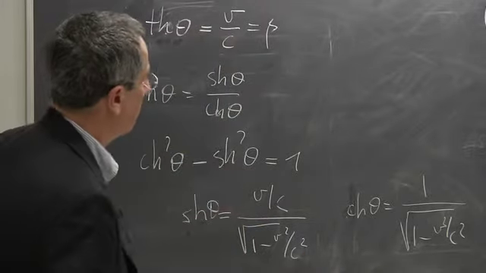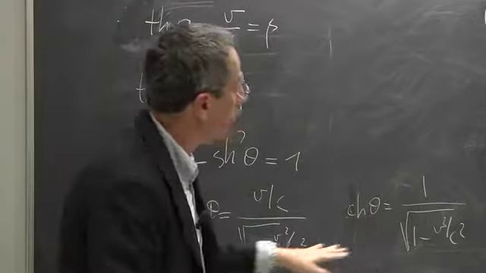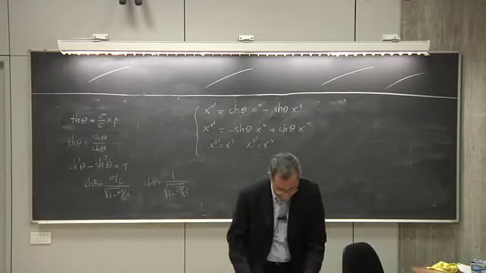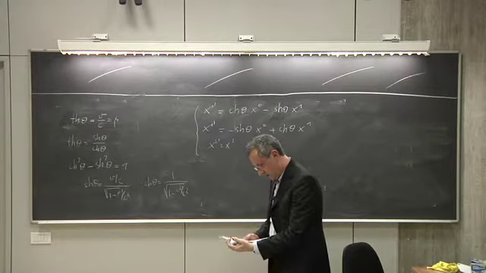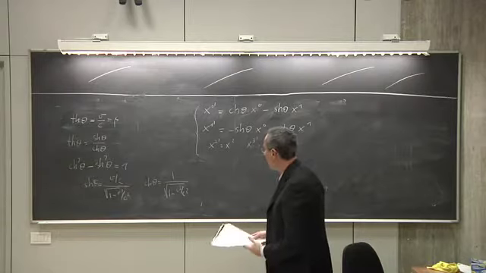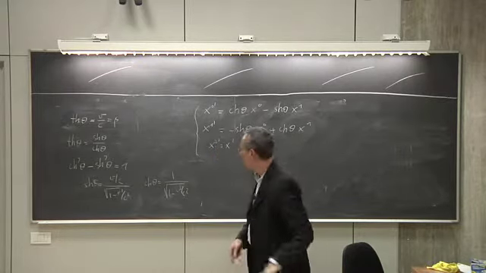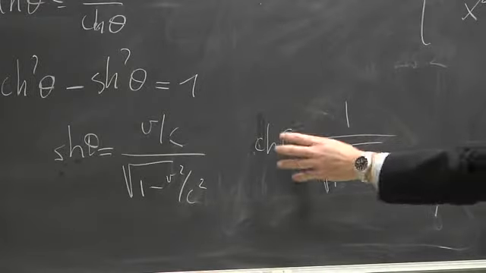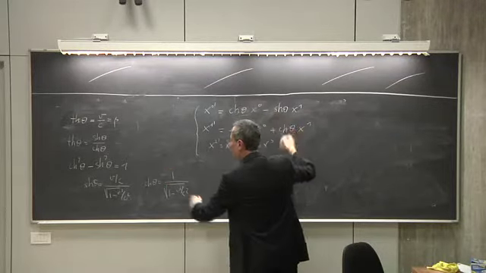This is just mathematics. But you see, these two are the factors that were in the boost that I wrote 1 hour ago, right? That was the boost. This was this factor gamma, and then that was the other combination.